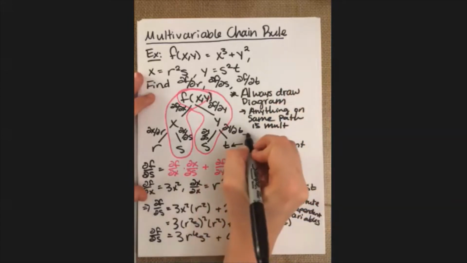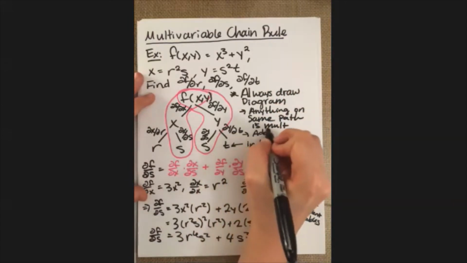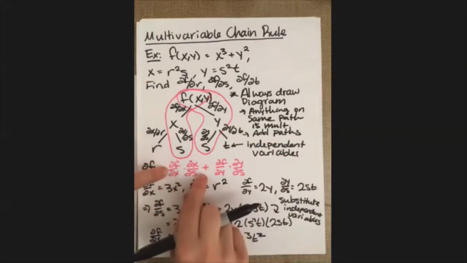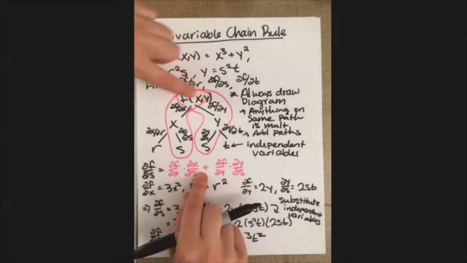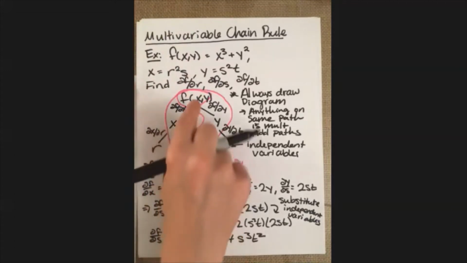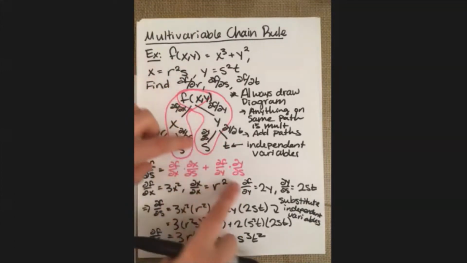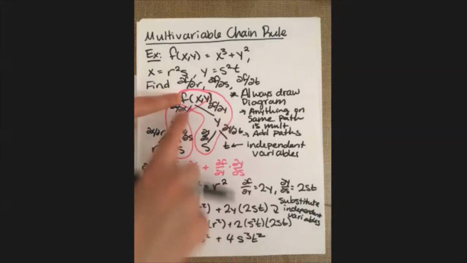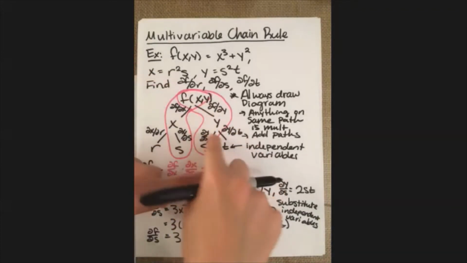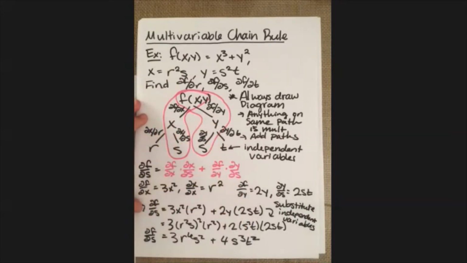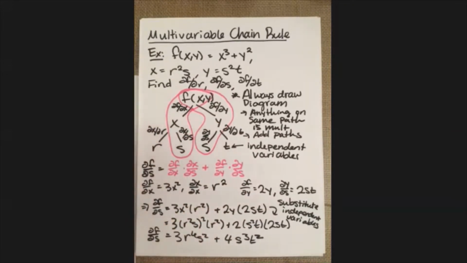And then after that, you just add the paths together. Okay, so the df/dx, dx/ds came from following this path of dependency. We multiplied everything that was in that path, so that's going to be the df/dx times dx/ds. And then we looked for another path down to s. This one went through y, found those pieces, multiplied them together, and then added those two, the stuff that came from those two paths together there to get all of df/ds.